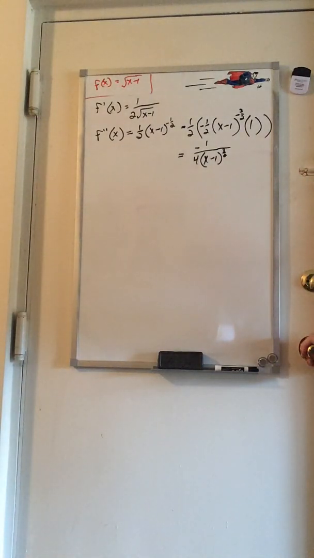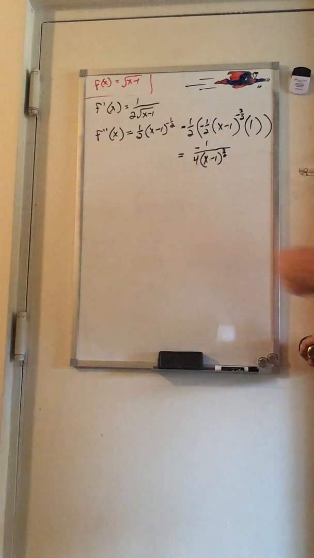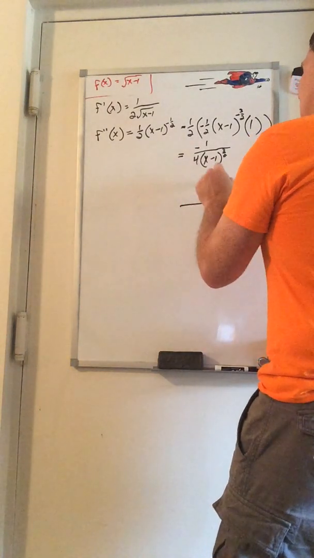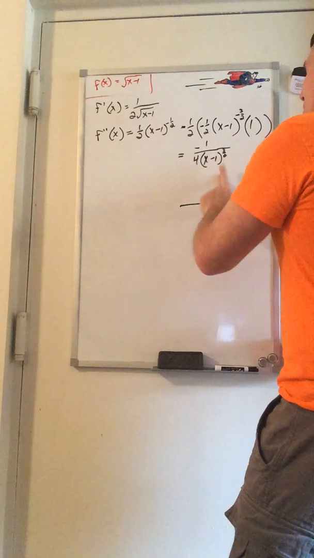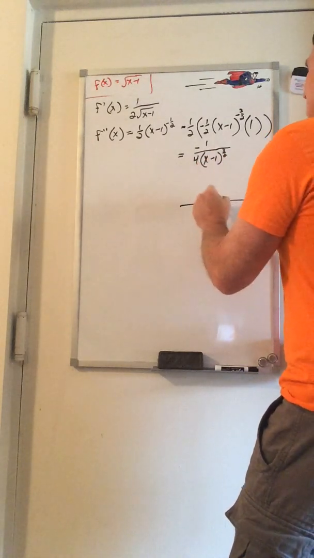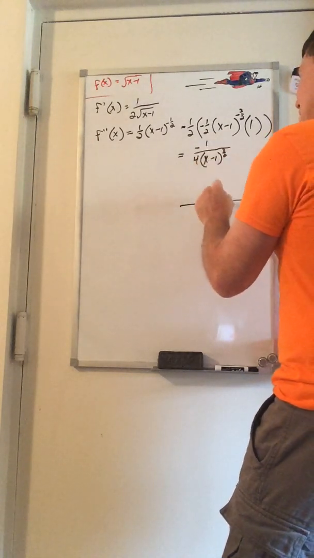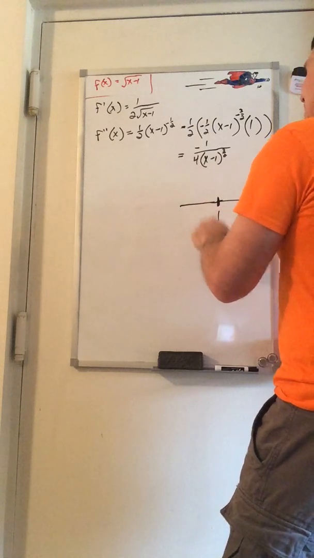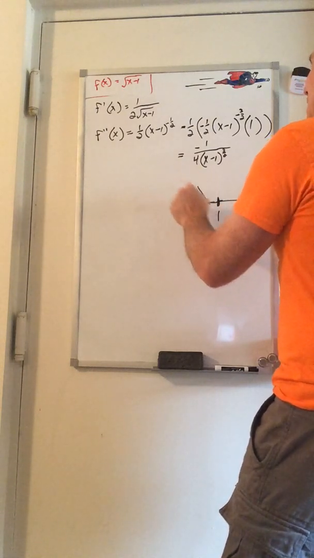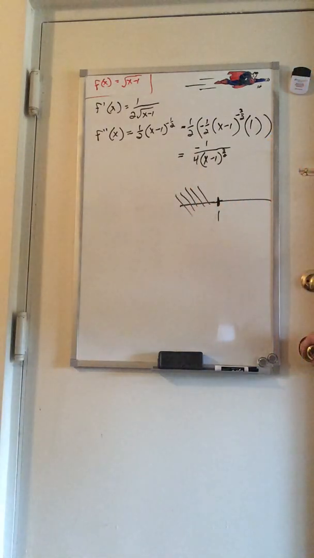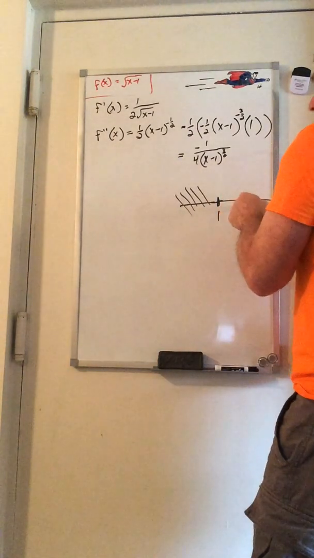Now, because I care about where the second derivative is positive and negative, I do a sign chart again. I know the only point I care about is x equal to 1. There's still no zeros. And for this one, I know it's undefined over here, so I don't even have to worry about that. Now, pick a point over here.